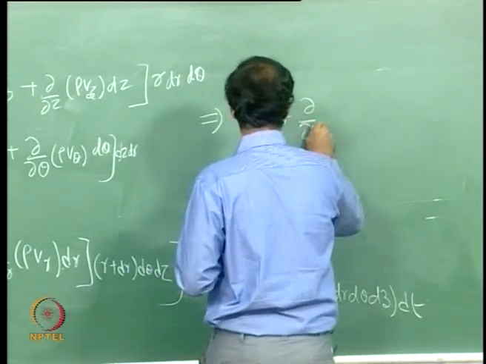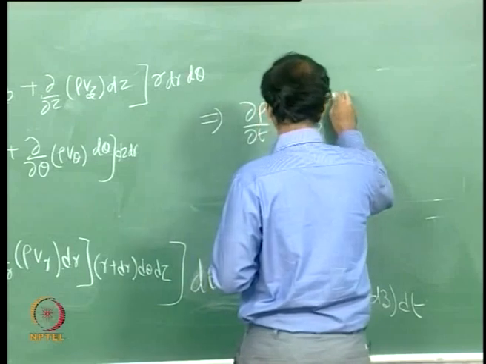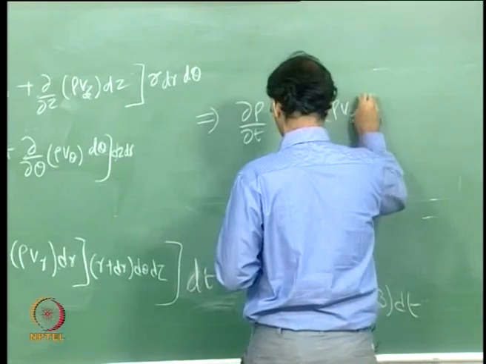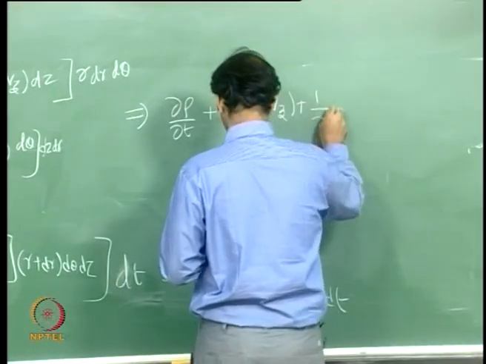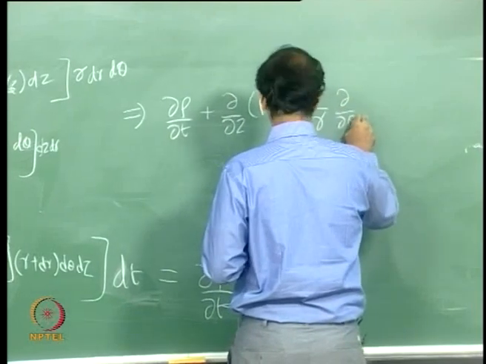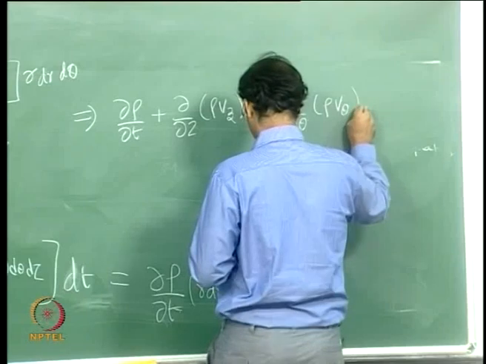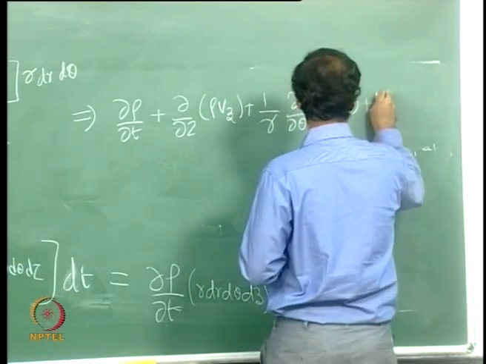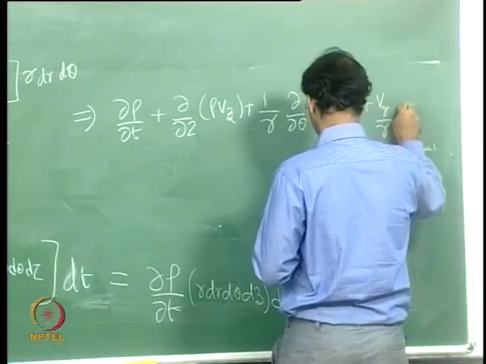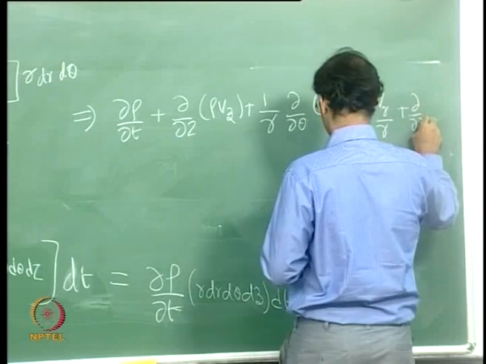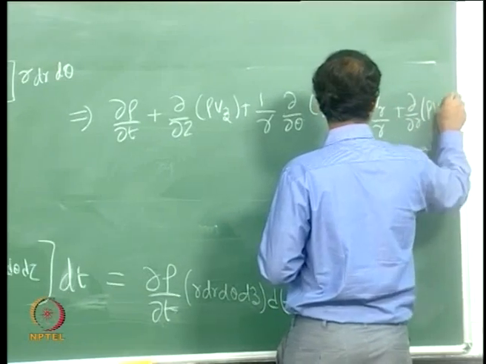which will be d rho by dt plus d by dz of rho vz plus 1 by r d by d theta of rho v theta plus rho Vr by r plus d by dr of rho Vr.